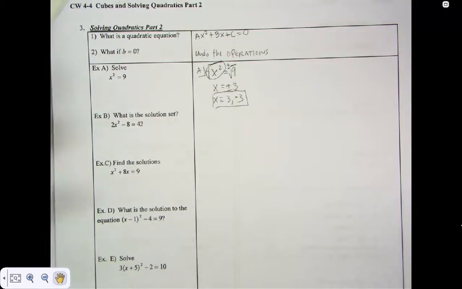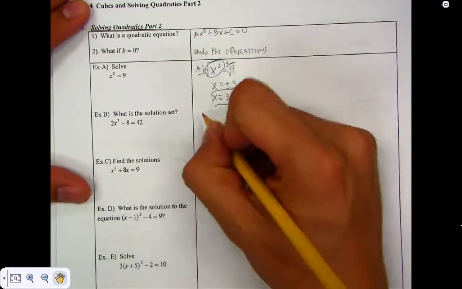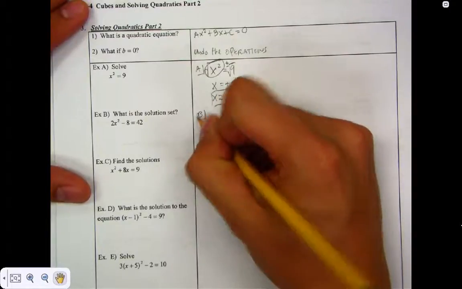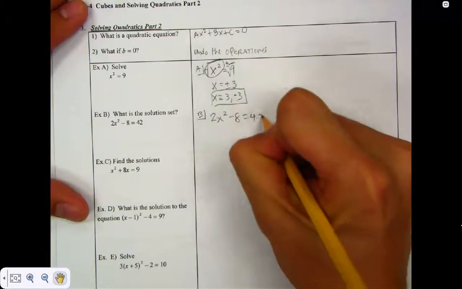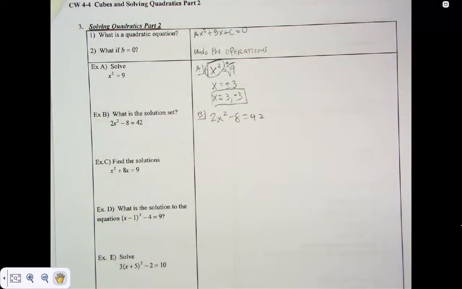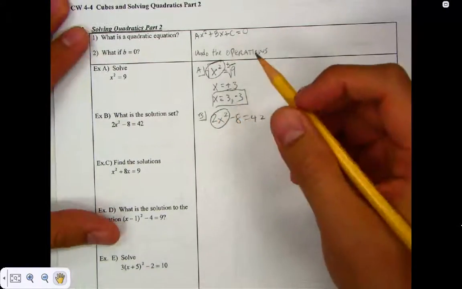Example B, what is the solution set? All that means is what is the x value, like solve. So we're going to copy example B. 2x squared minus 8 equals 42. Again, I don't see a bx here. I see an x squared. So I'm going to circle the 2x squared.